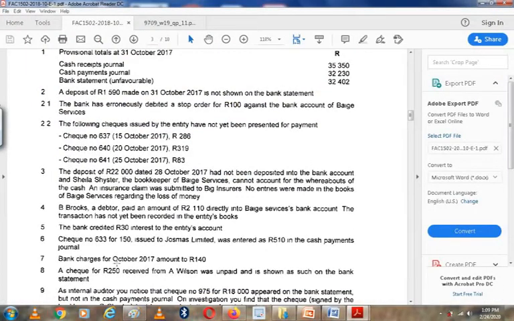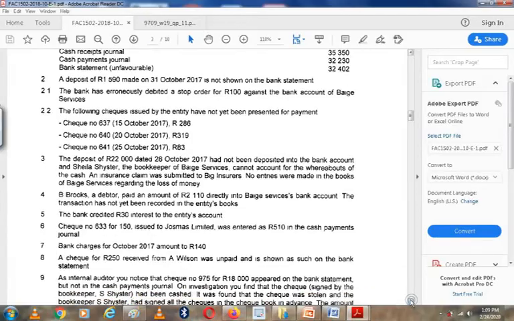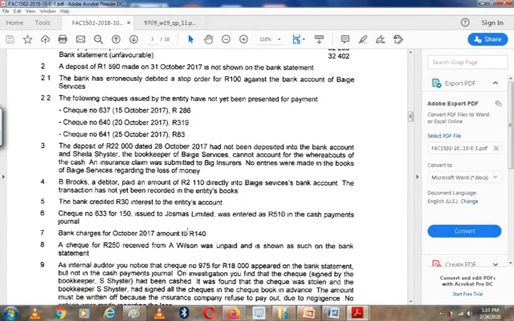And then check number 633 for 150 issued to Josmas Limited was entered as 510 in the cash payments journal, right? So we overstated our payments. Therefore, to correct that, we should reduce our payments by 510. But how do we do that?